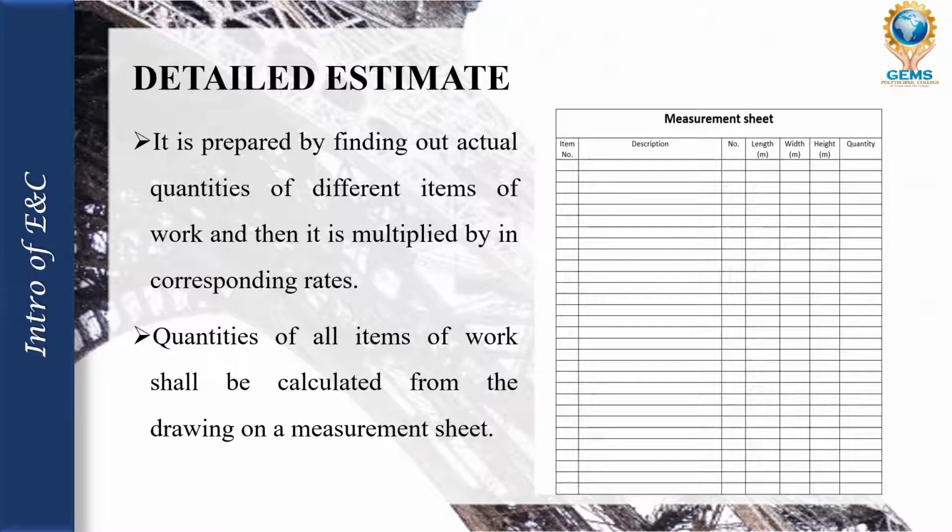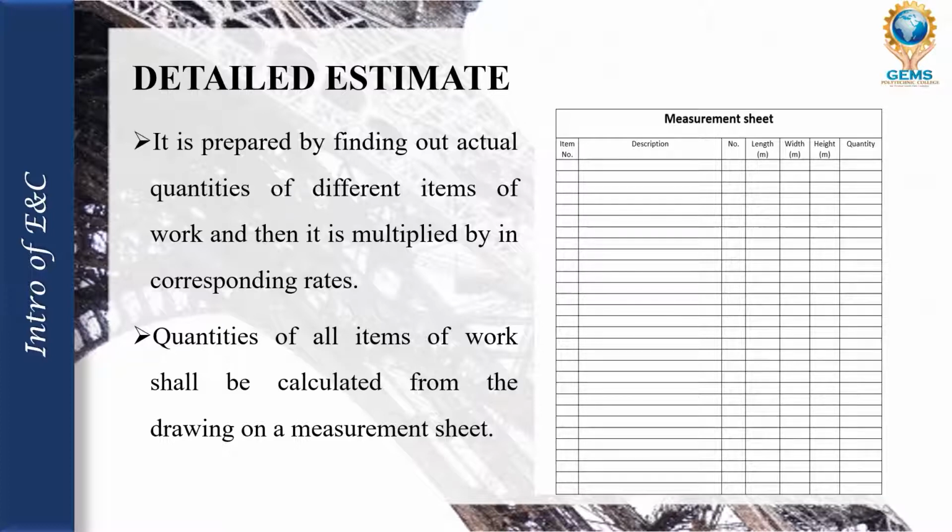With the description, length, width and height, we are going to calculate the quantities of all the items of work. We also have measurement sheet, abstract sheet, face sheet. Using this only we are going to prepare a detailed estimate. It will help to do a detailed estimation.